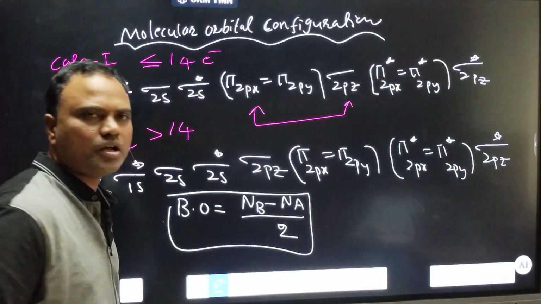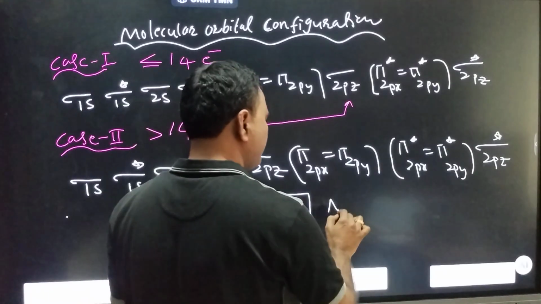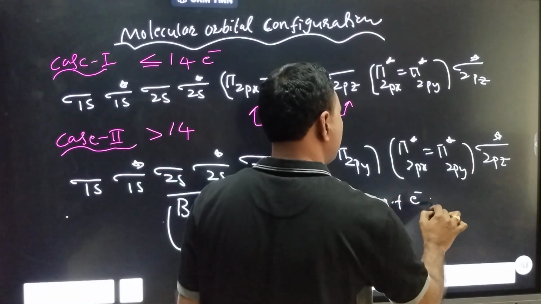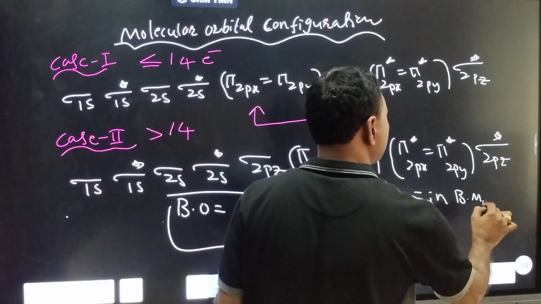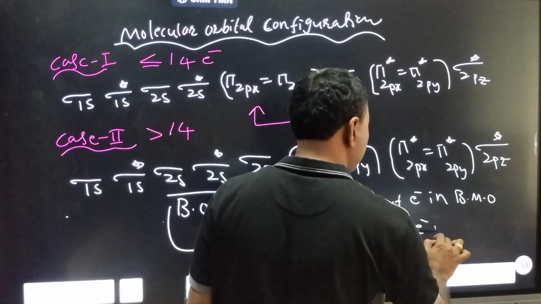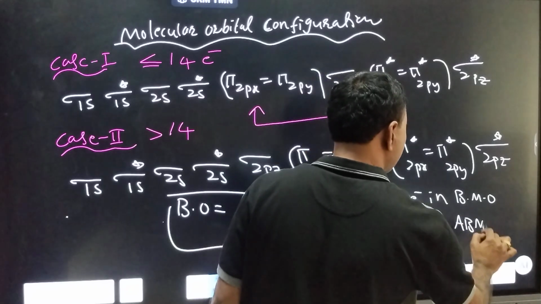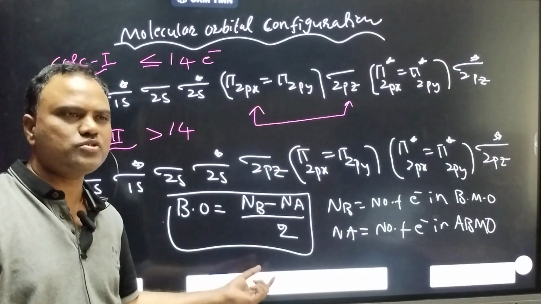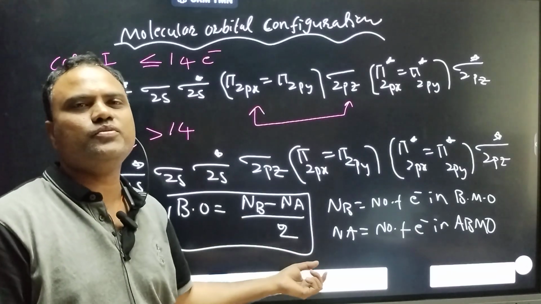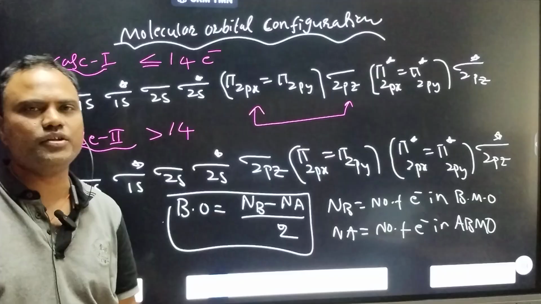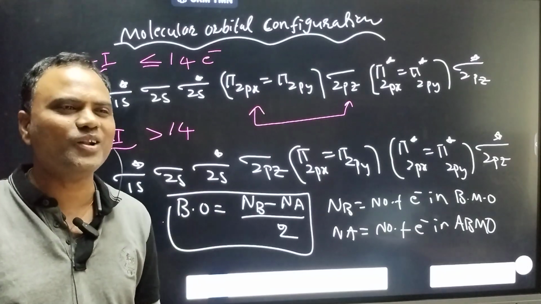Here Nb is the number of electrons in BMO, bonding molecular orbital. Na stands for number of electrons in ABMO, anti-bonding molecular orbital. Actually, this is the original procedure, but by using that 14 electron method, you can write directly instead of writing all the configuration, but it is not applicable in all cases.